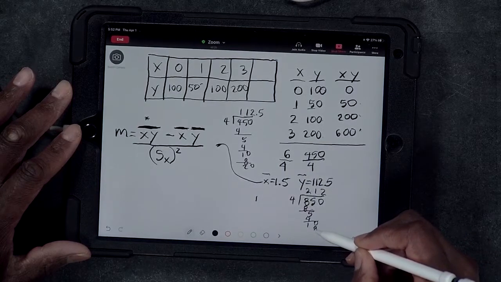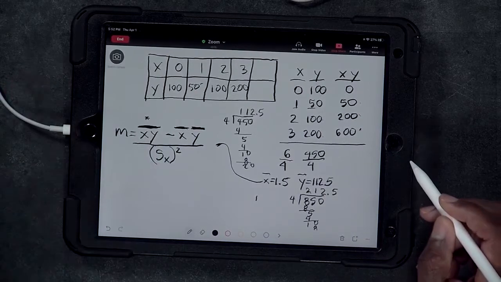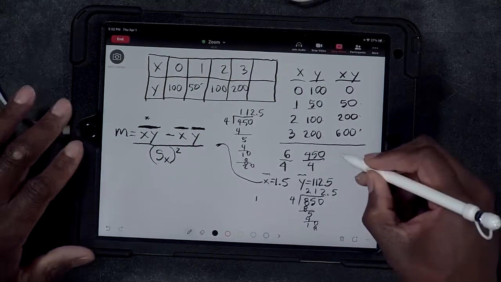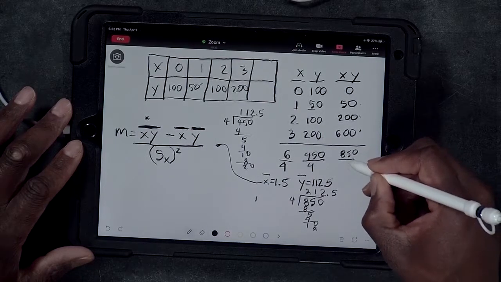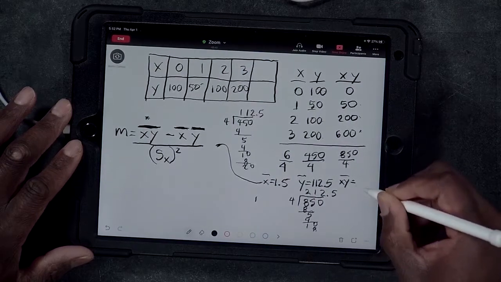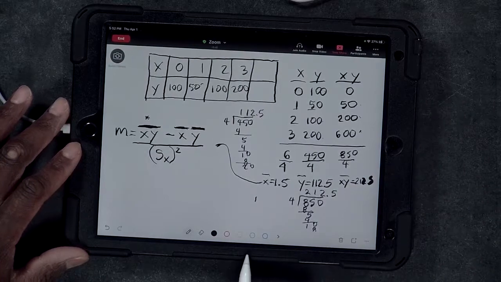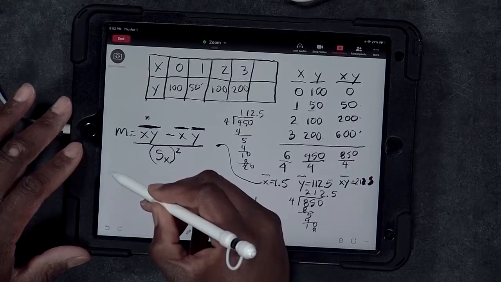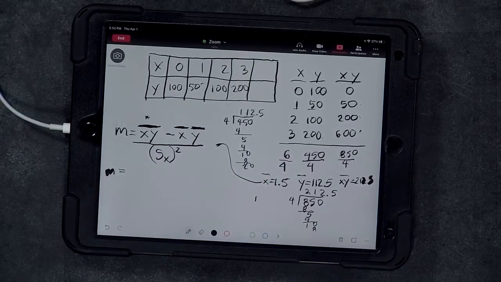You probably can't see what I'm writing here, but I believe we get 212.5. So we took the 850 divided by 4, and we got xy bar is equal to 212.5.